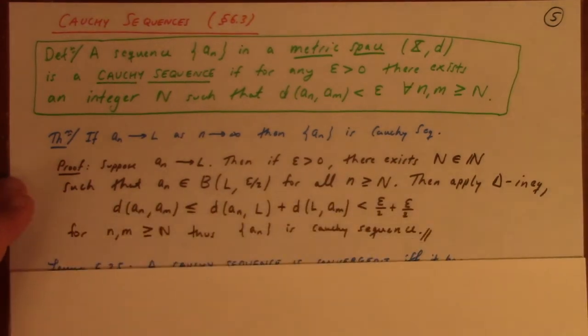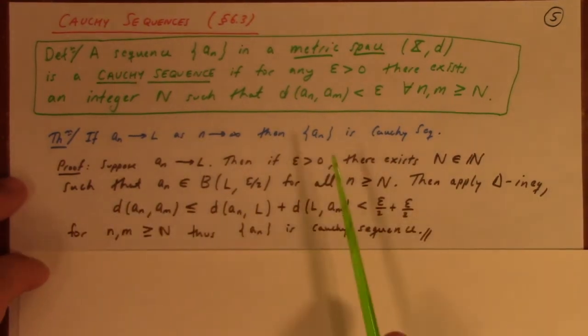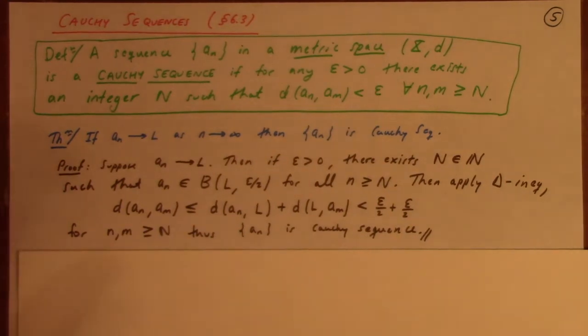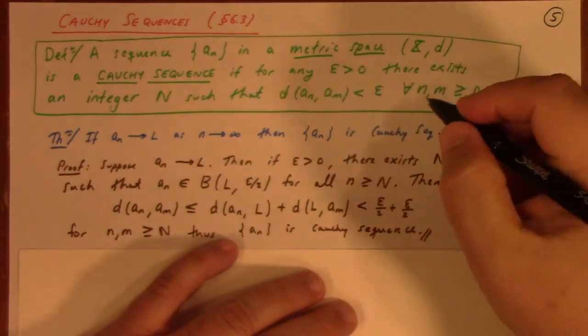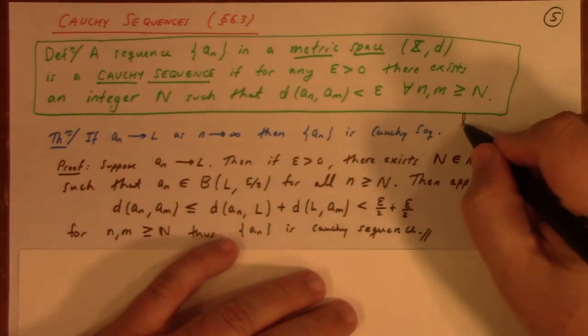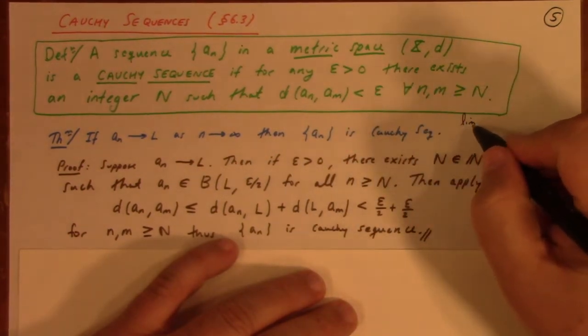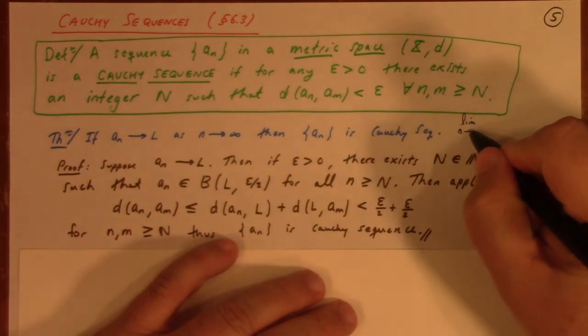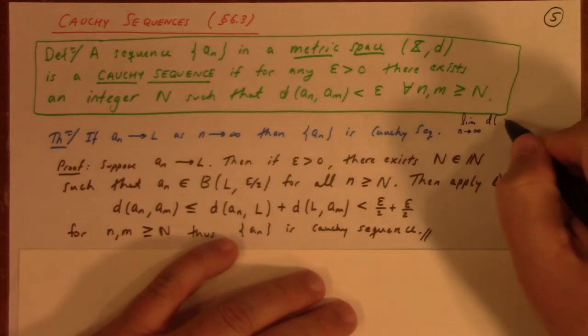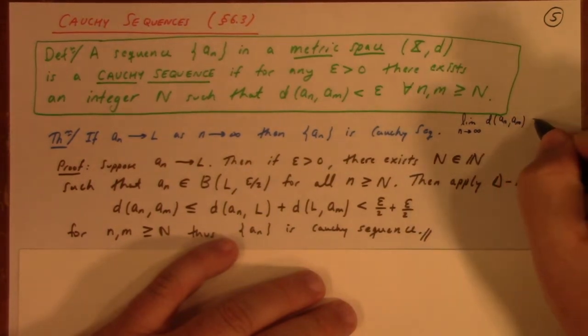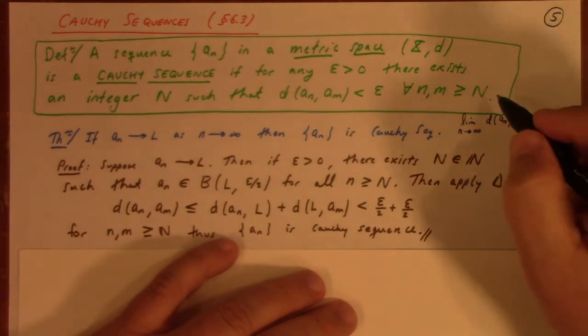You can also repackage that in terms of a limiting procedure. That's sometimes helpful, right? You could reasonably rewrite this condition as the limit as n goes to infinity of the distance from a_n to a_m equals 0, for fixed m.